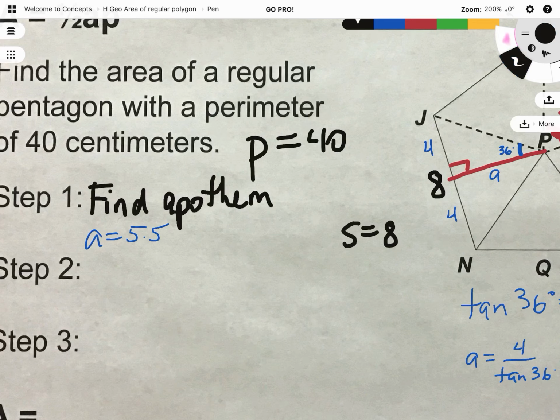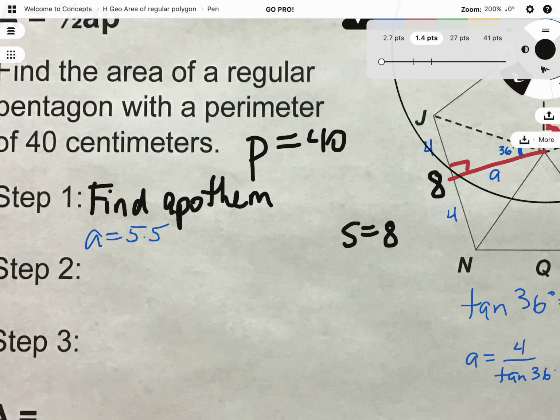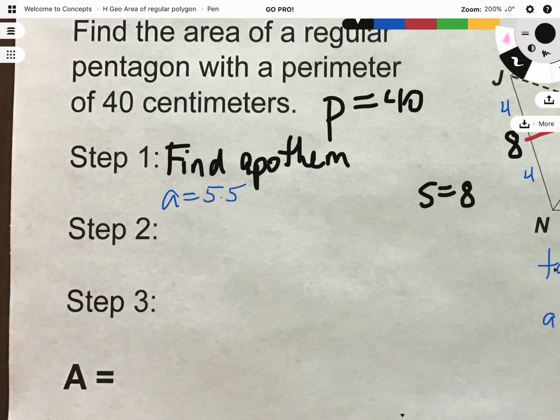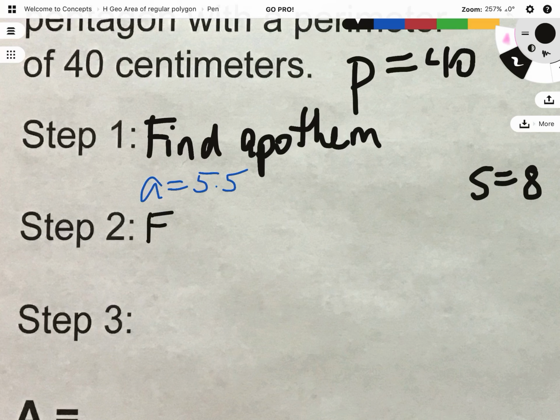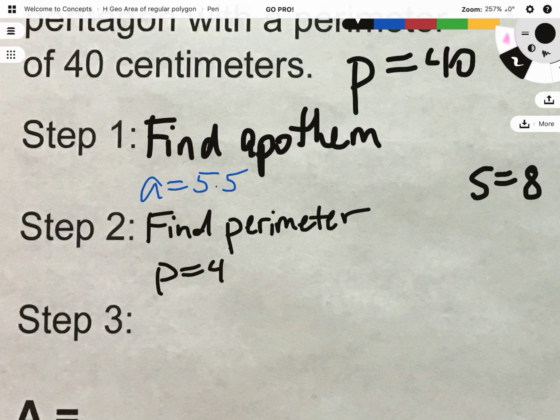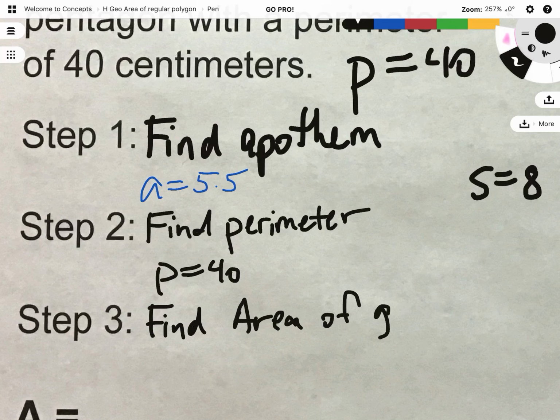Second step, we want to find the perimeter. Fortunately for us, we already know the perimeter. It's already given to us. P is equal to 40. And then we want to find the area of the figure.